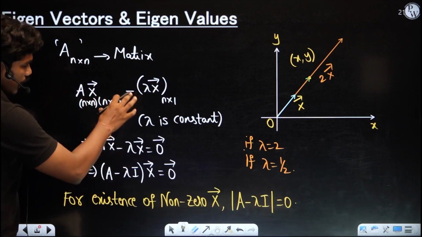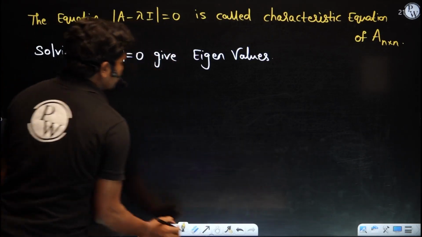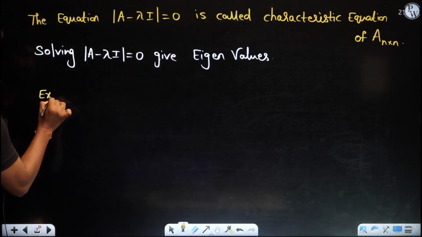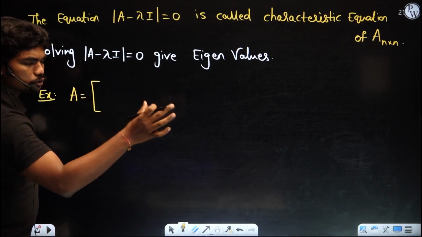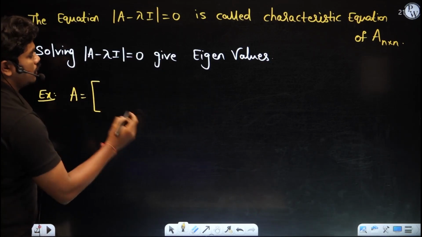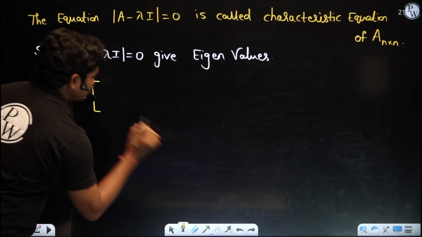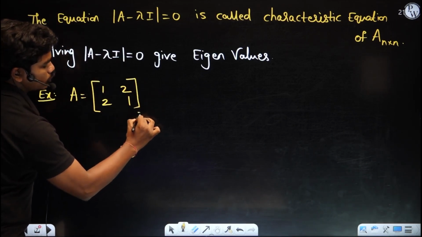Now let me explain eigenvalues and eigenvectors with an example. I am explaining with a 2 by 2 size so that I can show you things geometrically, and then we can extend to 3 by 3 using the same idea. Let A be 1 2 2 1, a simple 2 by 2 matrix.